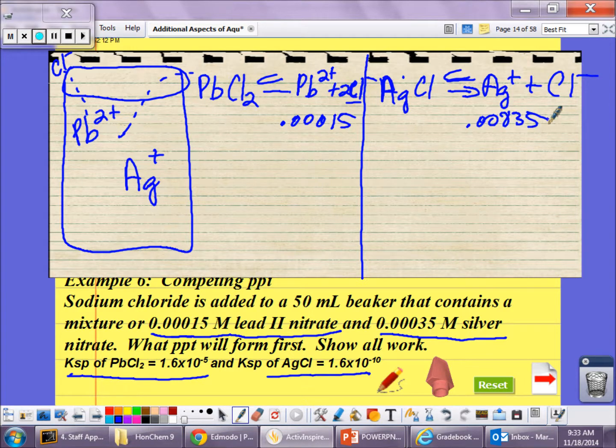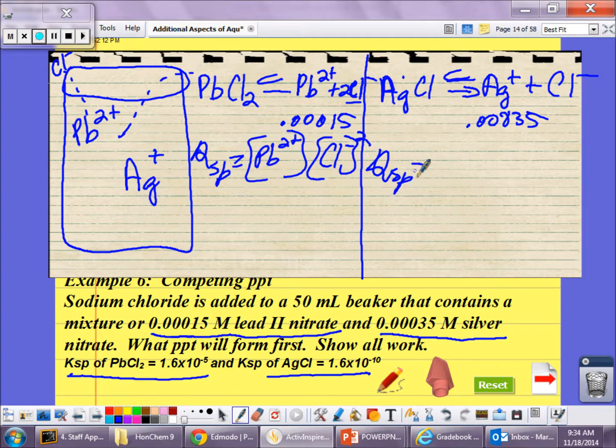I am going to write the expression for each one of them. Q equal QSP equal, write down the expression, it is Pb2+ times Cl- squared. The expression here, QSP equal concentration of silver ion times concentration of Cl-.